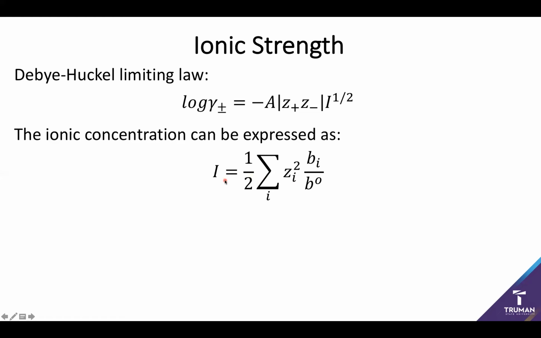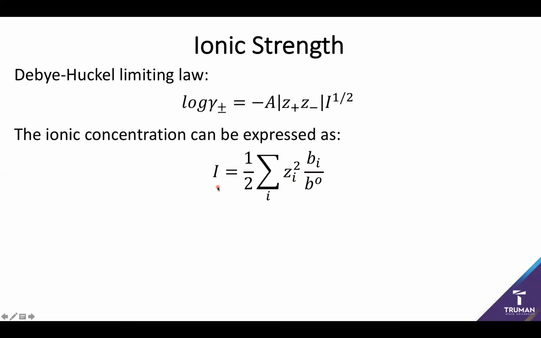So for example, if I'm dealing with something like a 1 molal solution of sodium chloride, each of the individual ions is going to have a concentration of 1, multiplied by 1 squared, which is still 1. Add those two ones together, I get 2. Divided by 2, I have an ionic strength of 1. So in this case, a 1 molal solution of sodium chloride behaves with an ionic strength of 1.